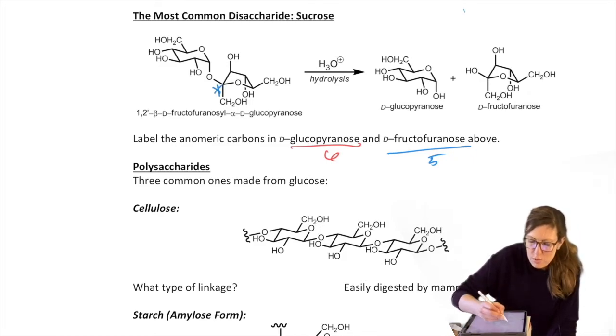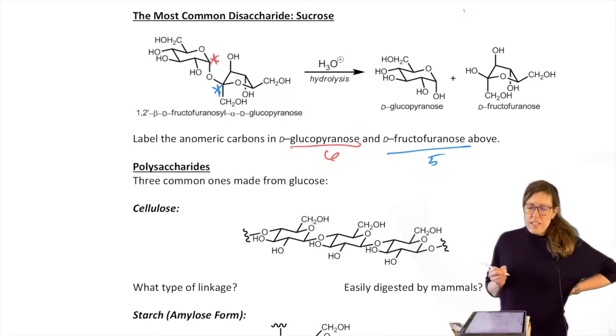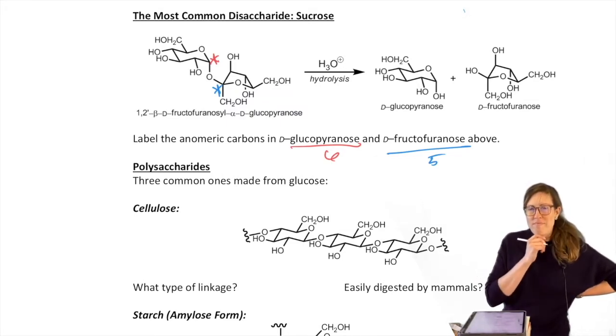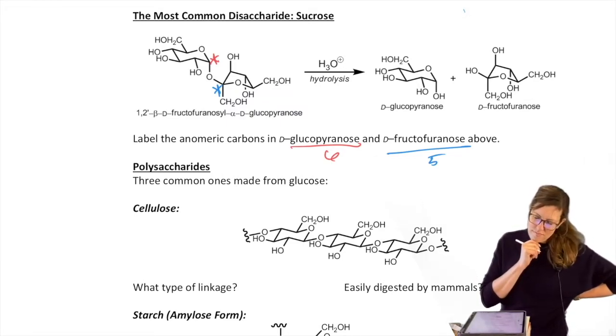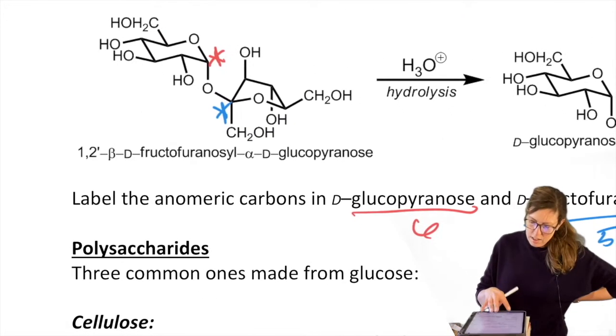Same analysis with the top one. Okay, so there's our O, no second O on that carbon. So let's go to the other carbon on the other side of the O. Yes, there's a second O on this carbon. 2 oxygens there. And we'll label that one red. Is there a hemiacetal? Or is it an acetal?